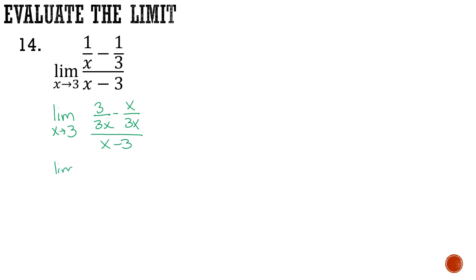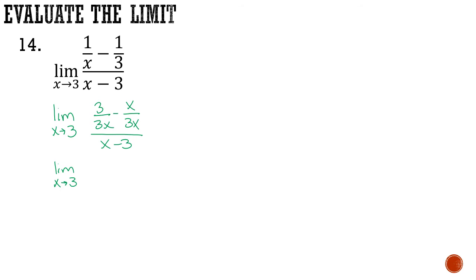We still need to do some simplifying and rearranging. So if I put that numerator together as one fraction, that's 3 minus x over 3x. I'm going to rewrite that and move my x to the front and factor out a -1. Because if I look at my denominator, I have a positive x minus 3.